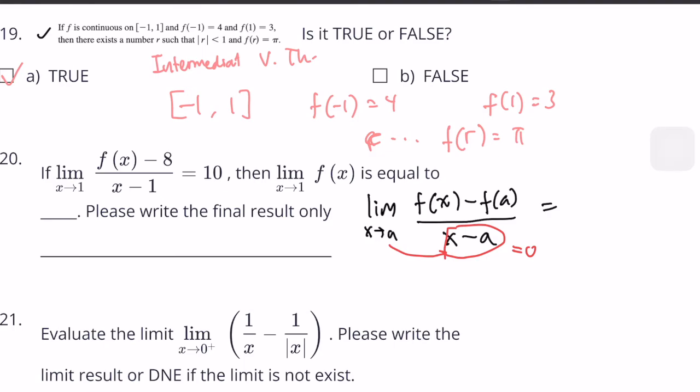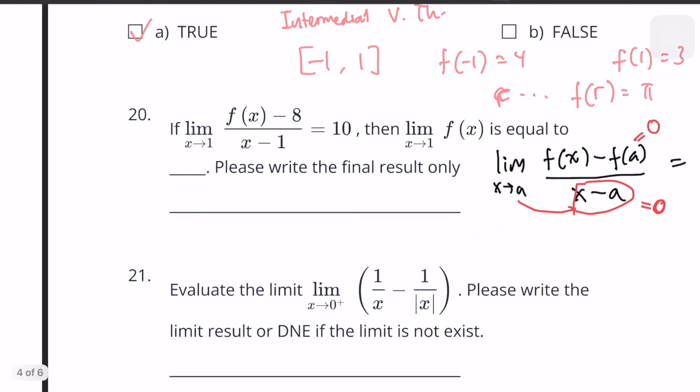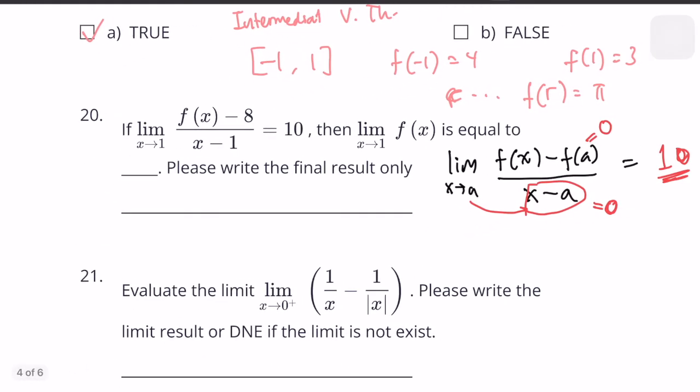And remember, when you have a limit, if you want the limit to have a value here, and your bottom line is 0, then your top line here needs to be 0. That's one thing we can be sure of if we want this to happen, right? So the limit of f of x as x gets closer to 1 should be 8.